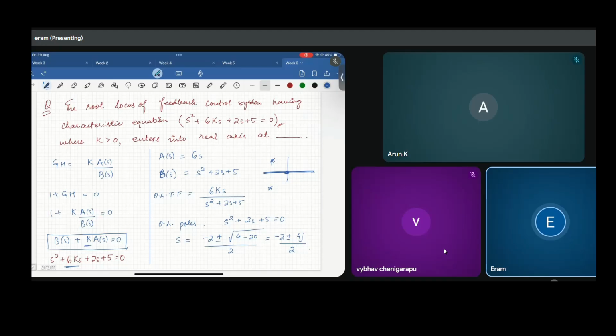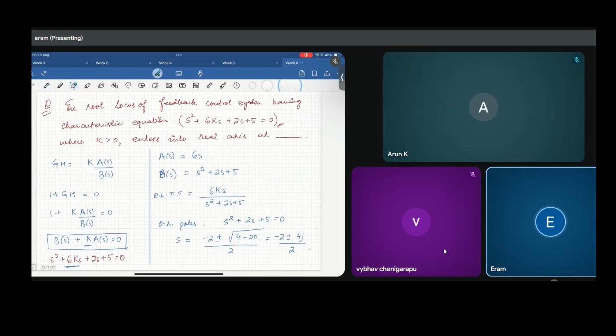Since the root locus starts from the open loop poles, somewhere it will hit the real axis. Then one branch will terminate at 0, and the other branch will terminate at infinity. So there is some break-in point in the root locus, and through this point it will enter the real axis, right?